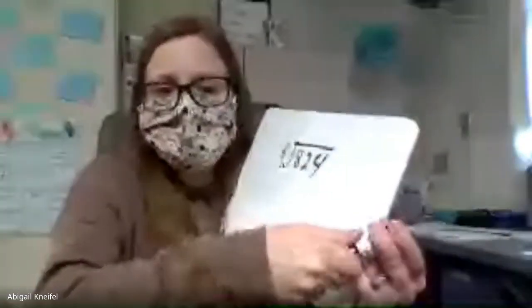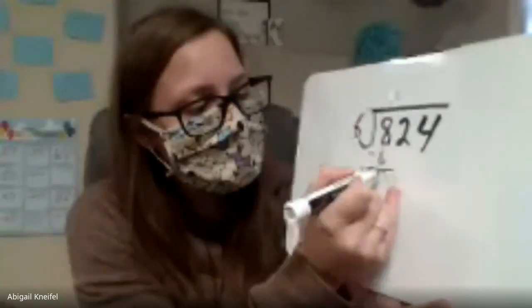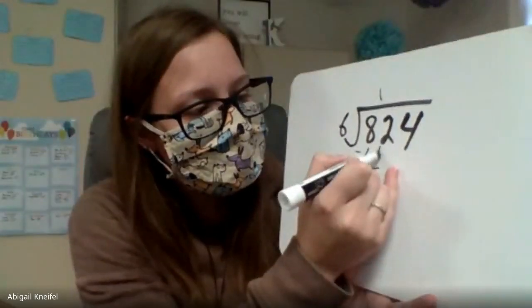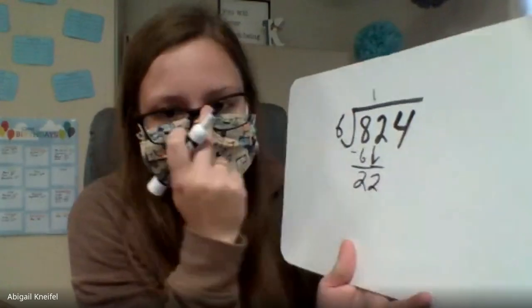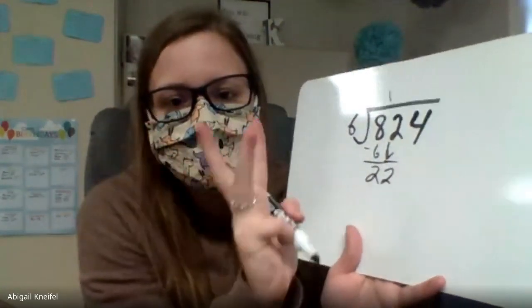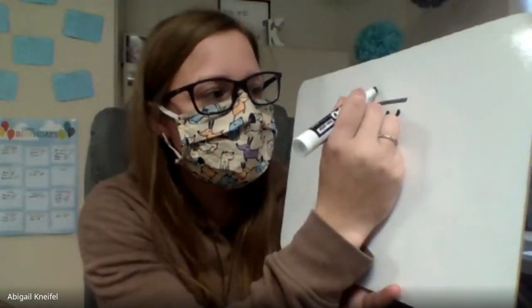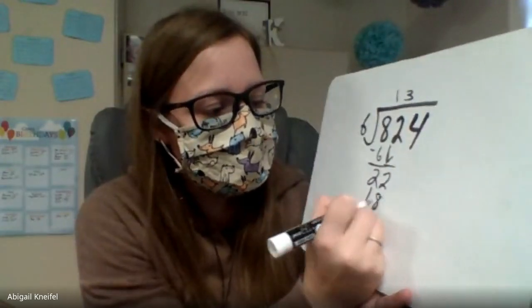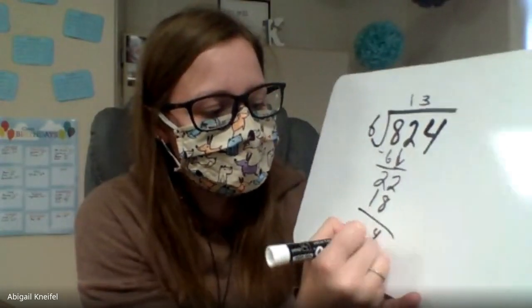All right, let's try this problem out together. Remember, I want to see your work. Can 6 go into 8? Yes, it can. It can go in 1 time. 8 minus 6 equals 2. Bring down my 2. How many times can 6 go into 22? 3 times, which is 18. 22 minus 18 equals 4.